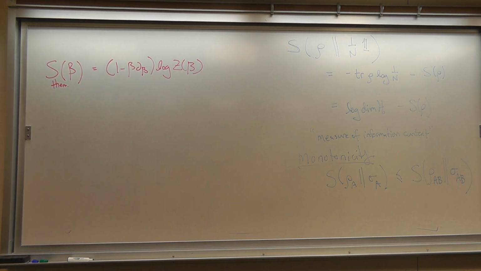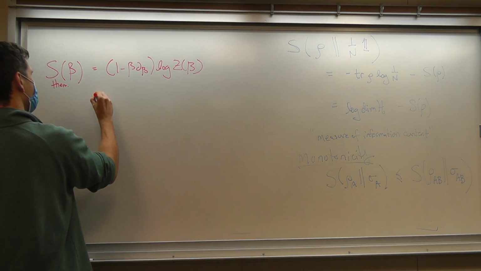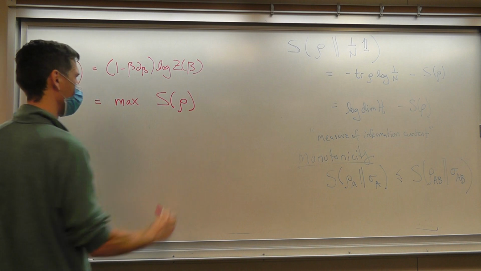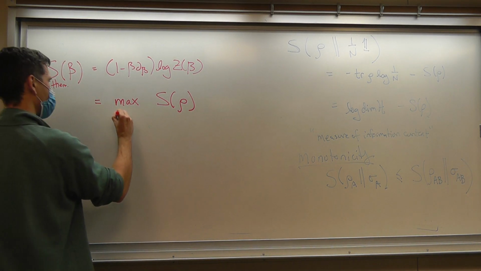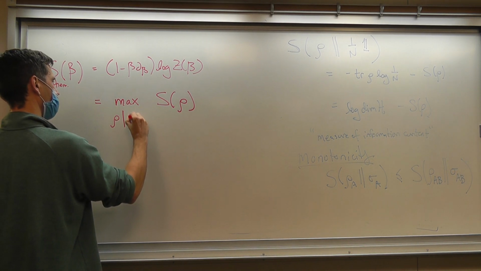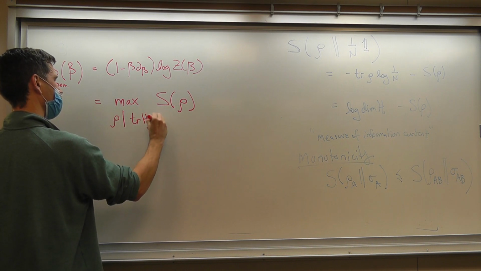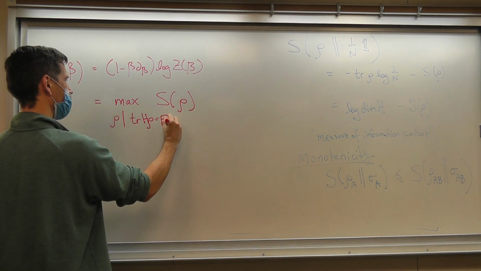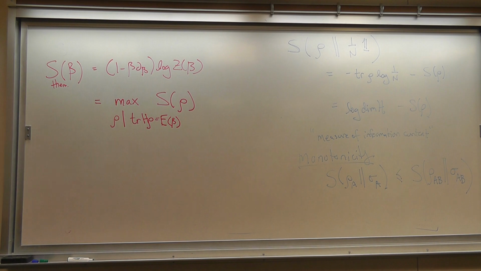And the thing I said in words, let me attach an equation to it, is that this is the max von Neumann entropy, S of rho, where you maximize over all density matrices rho such that the trace of H rho is equal to E of beta, the energy at temperature beta.